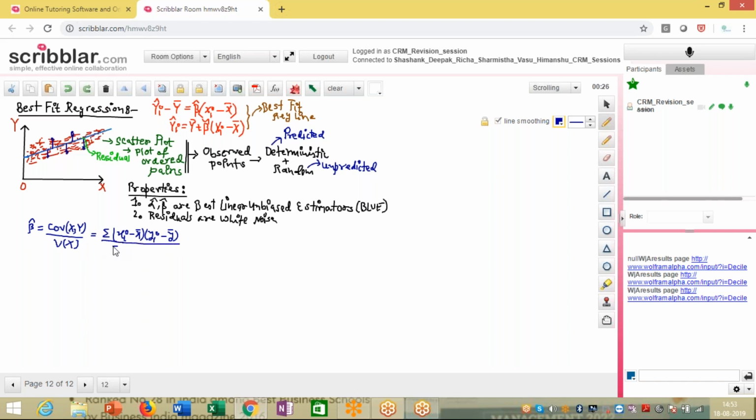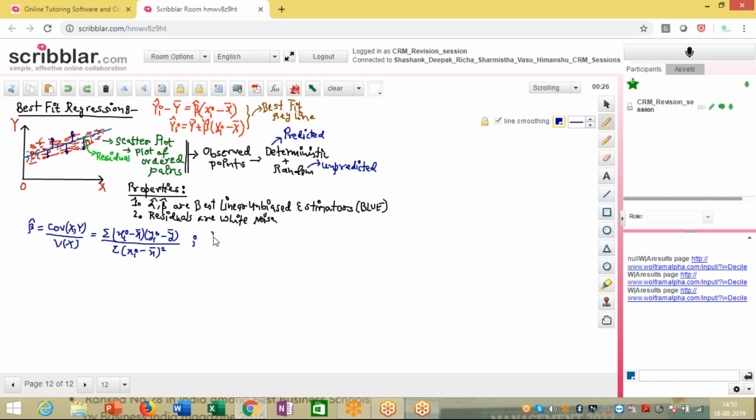Now the variance of x over here is the summation of xi minus x bar squared. Now I'll do certain small symbolizations.